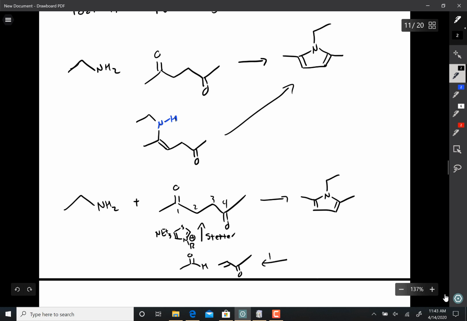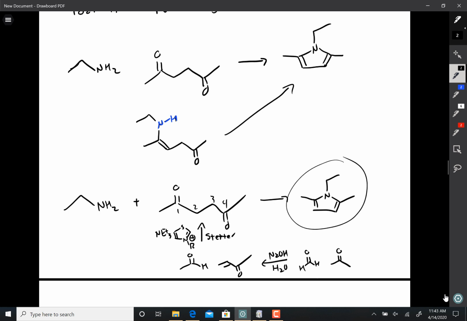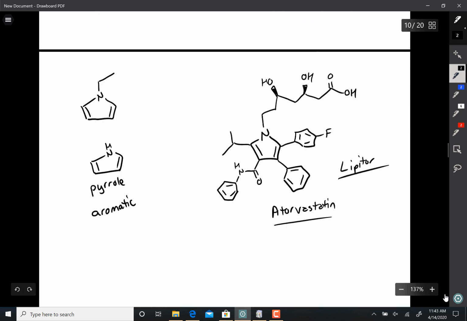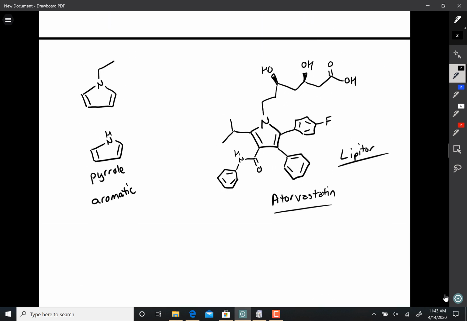Well, that can be made by an aldol reaction. So on and so forth. And so what you're able to do is make some pretty useful molecules by these simple reactions that we've just been talking about. And that's sort of the power of these reactions. This one right here can be broken down into some very simple fragments, a very complex molecule.